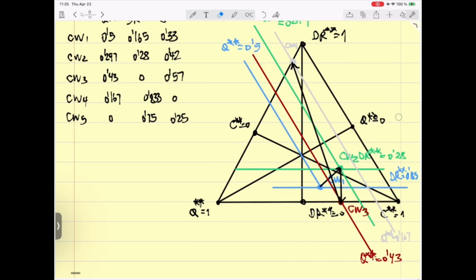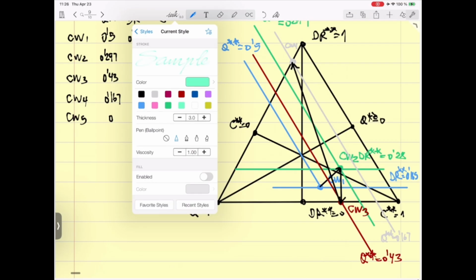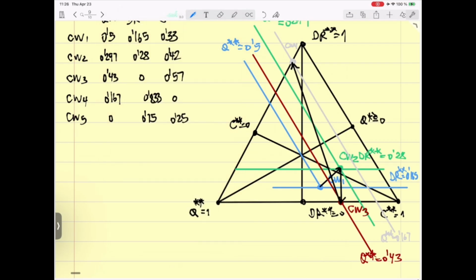And the last is calendar week 5, is quality 0, so it's going to be on this line, and then delivery rate 0.75. Let's take another different color. So delivery rate 0.75 is, if this is 0.5, somewhere here.